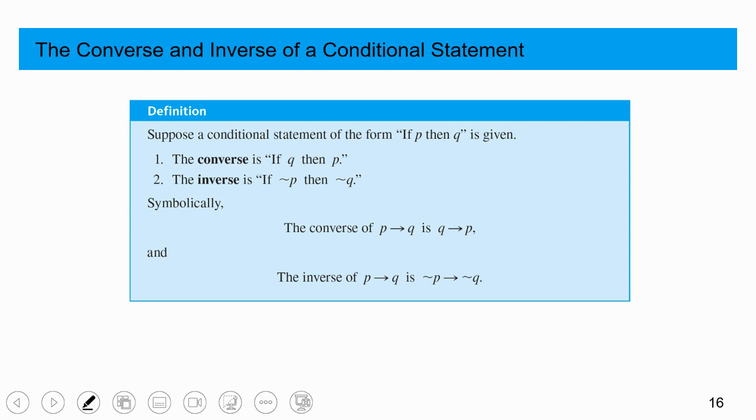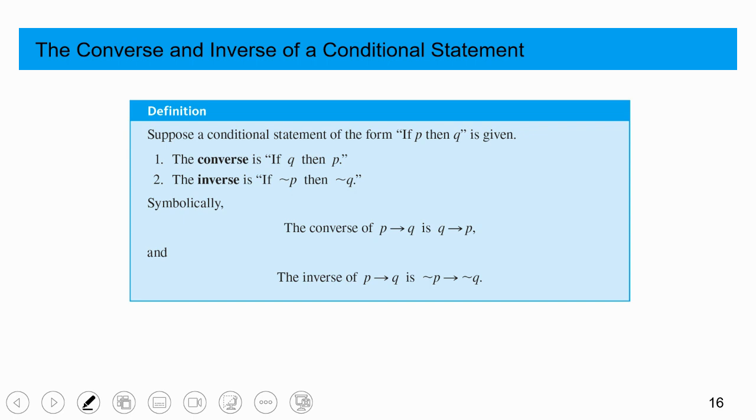There are two other versions of a conditional statement that you should also be aware of: the converse and the inverse. Now, it's important to note that while the contrapositive is always logically equivalent to the original statement, the converse and inverse are not necessarily so.